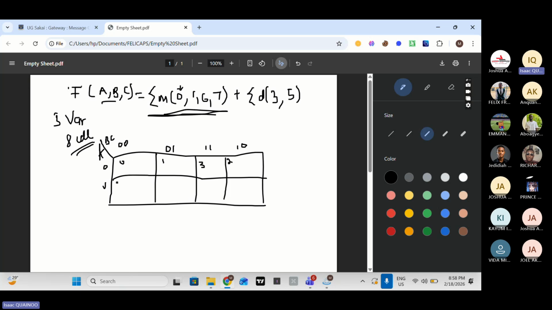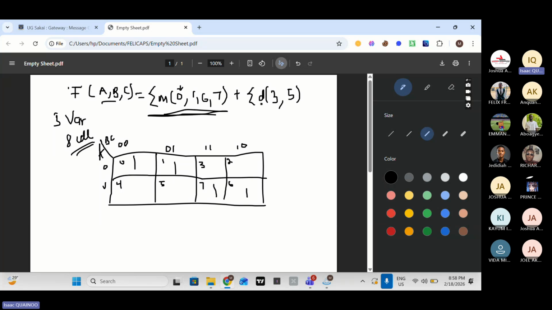And then this is 4, this is 5, this is 7, and this is 6. So where are we going to put our 1? 0 takes 1, 1 takes 1, 6 takes 1, and 7 takes 1.